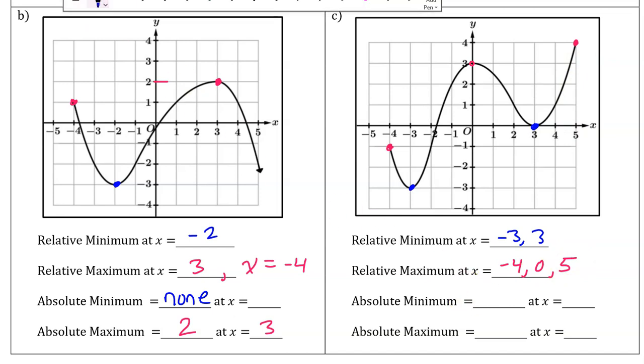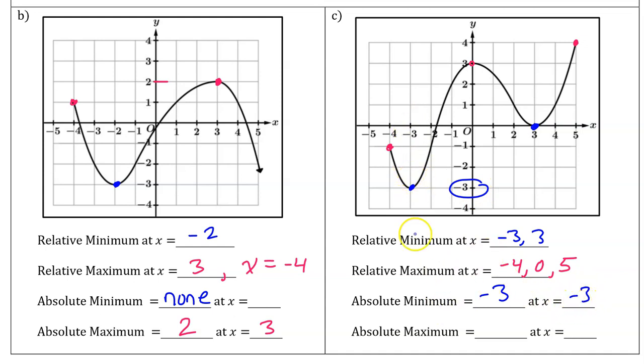How about the absolute minimum? This graph has one. It's obviously going to be one of these two. The lowest relative minimum is here. So we have an absolute minimum of, you say the y value, so absolute minimum equals -3 at x equals, and by coincidence that happens to also be -3.